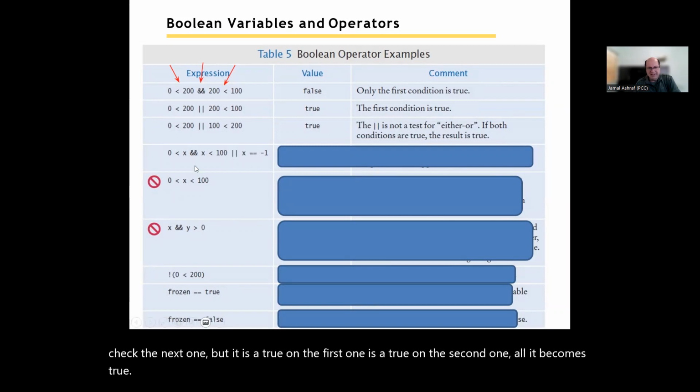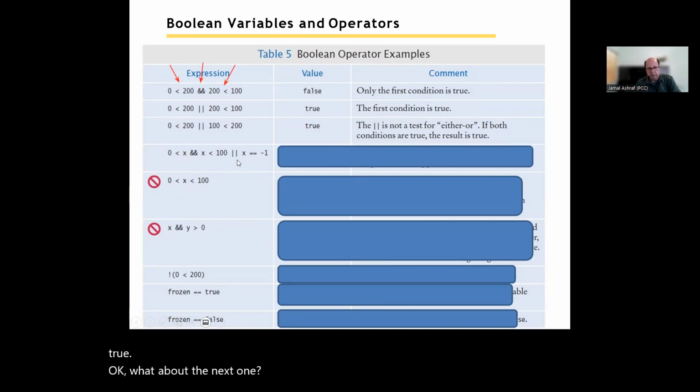Okay, what about the next one? We make it a little more complex. So we are looking at x greater than 0 and x less than 100, or x equal to -1. So we have a lot to cover here. For the first part, and and or are on the same level.